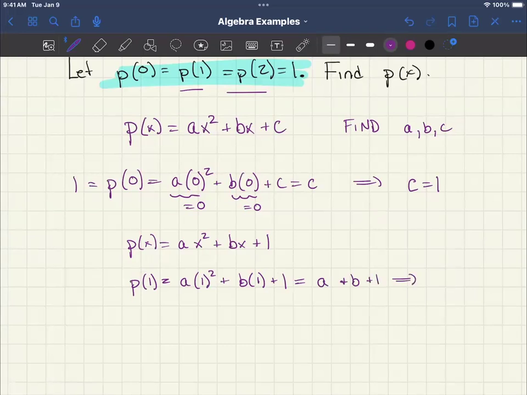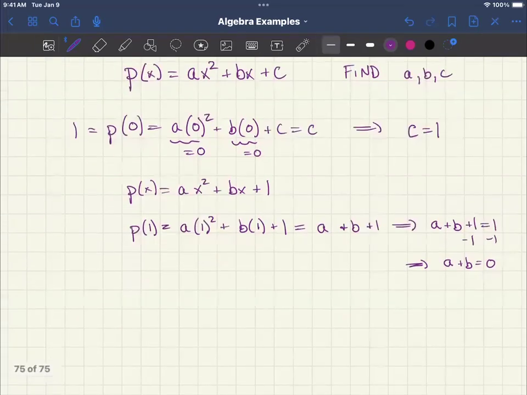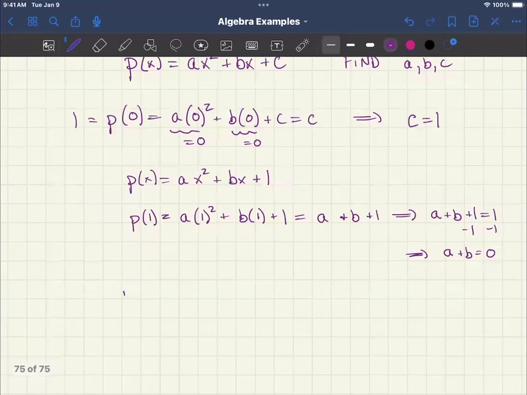Since we know that's equal to 1, we have a plus b plus 1 is equal to 1. If we subtract 1 from both sides, that gives us a plus b is equal to 0. That gives us a little bit of information, but notice we have an equation with two unknowns. So let's see if we can narrow this down just a little bit more.